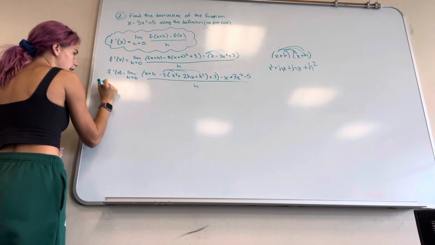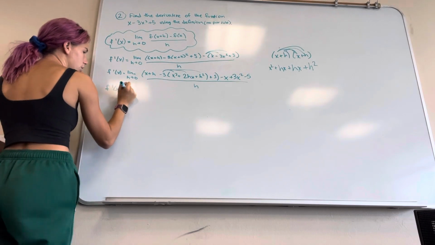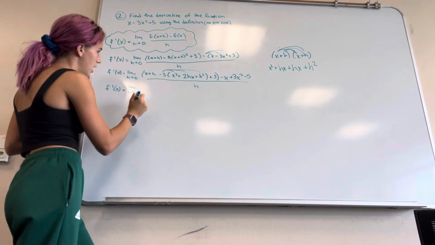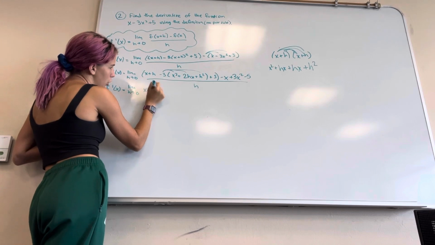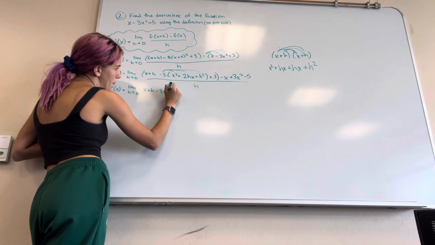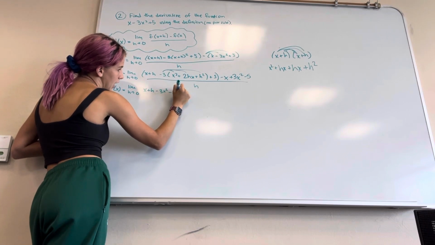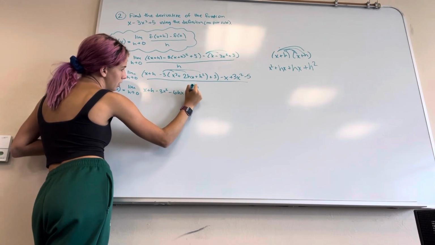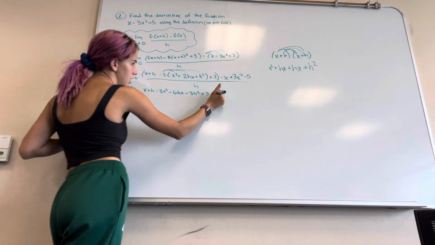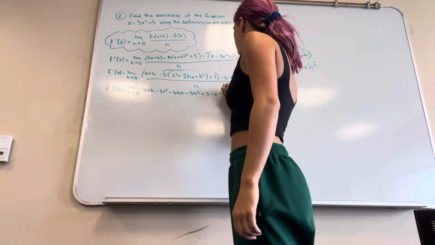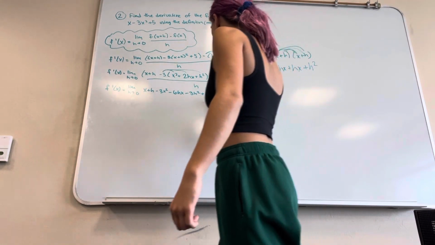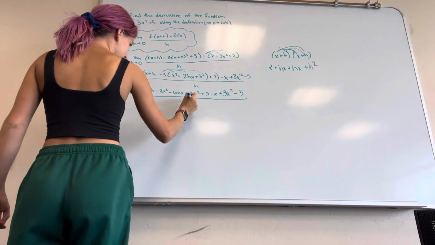And so f prime of x is equal to the limit of h approaching 0 of x plus h minus 3x squared minus 6hx minus 3h squared plus 5 minus x plus 3x squared minus 5, all over h.